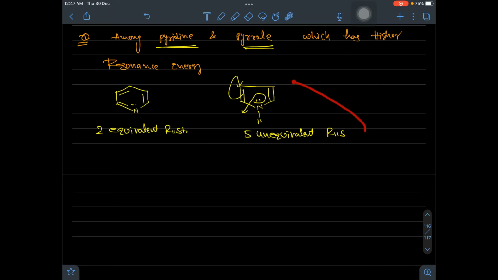So even though it has more resonance structures, due to the 5 unequivalent ones, the resonance energy of pyridine is greater than that of pyrrole. So the statement you can write: resonance energy of pyridine is higher than pyrrole, right?